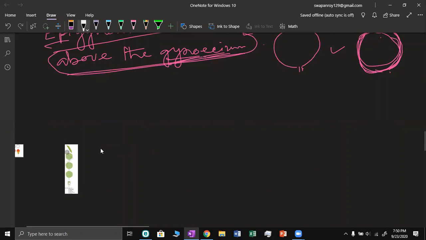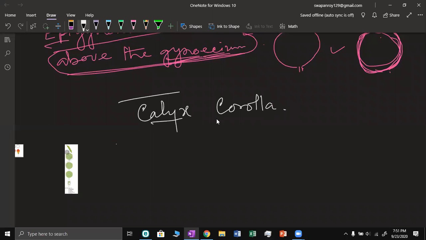Next thing, let us come to the different parts of the flower. A little bit we will learn about the calyx, corolla, androecium, and gynoecium.